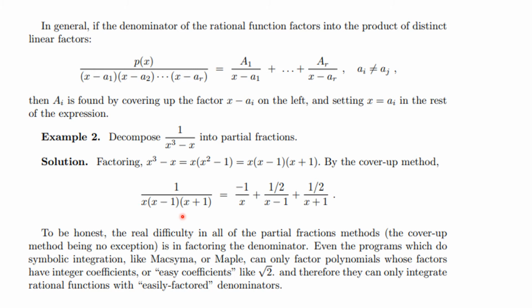And so now what we're going to do is we cover this up, and we substitute 0 in there, and we get minus 1 for this one. We cover up this one, and substitute x equal 1, and that tells me that that is 1/2, and then I cover up this one, I substitute x equal minus 1, and I get that that also is 1/2.